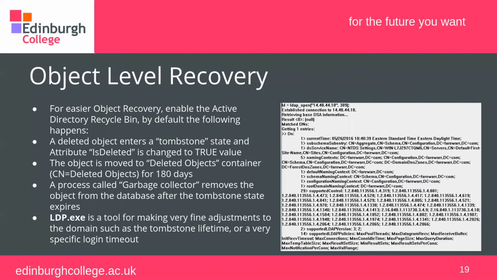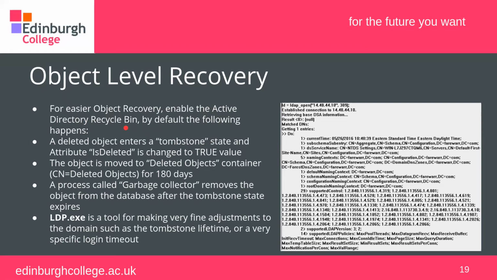If you just want to recover a simple object in the Active Directory, like a user, I think I spoke about this briefly in topic 2. We have a thing called the Tombstone Lifetime, which is when something's deleted, how long it goes into the Active Directory recycle bin for.